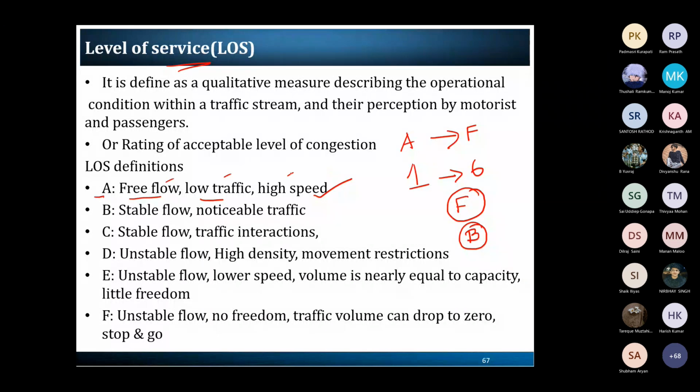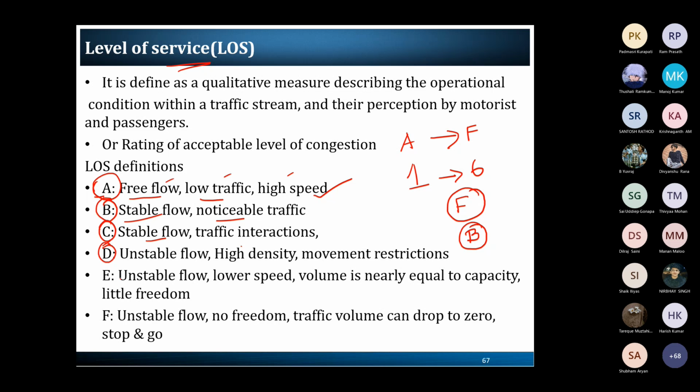If you get this kind of inference while estimating the level of service as a driver, then it is defined as level of service A. We can maintain a stable flow, but some noticeable traffic is there, then it comes under B. C: stable flow, traffic interactions are happening, one vehicle to another, acceleration, deceleration, giving way. Those kinds of things are happening, and that is defined as C.